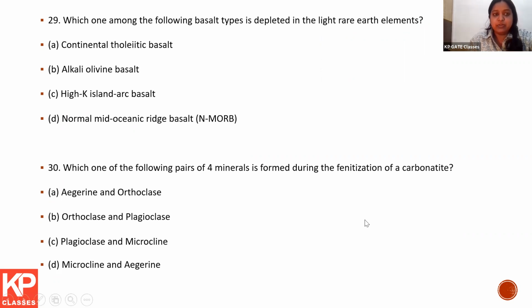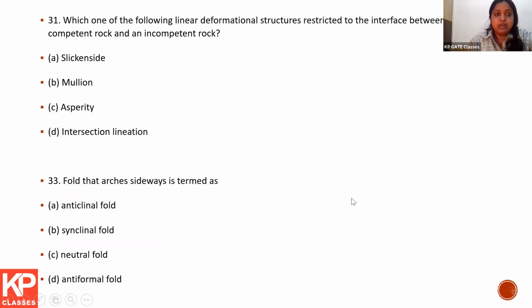Okay, now the next question. Which one of the following linear deformation structures is restricted to the interface between a competent rock and an incompetent rock? The answer is mullion.